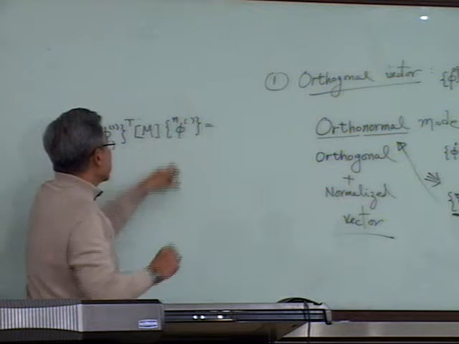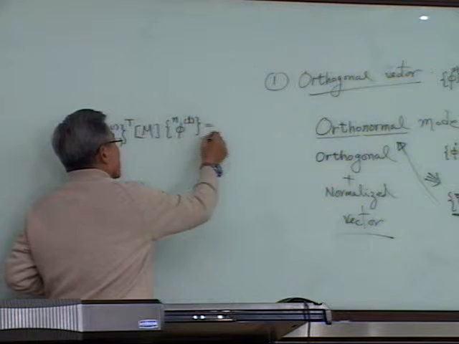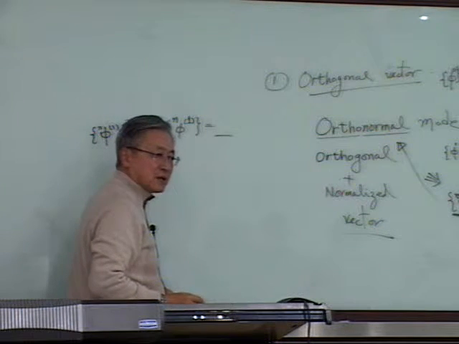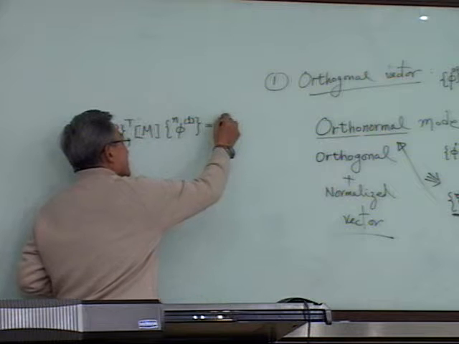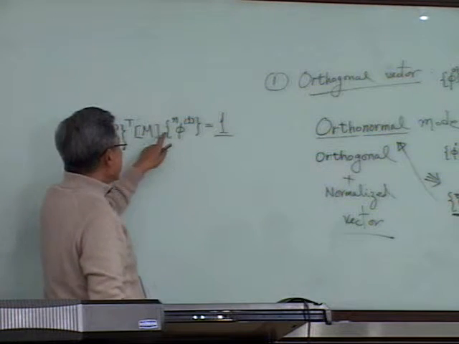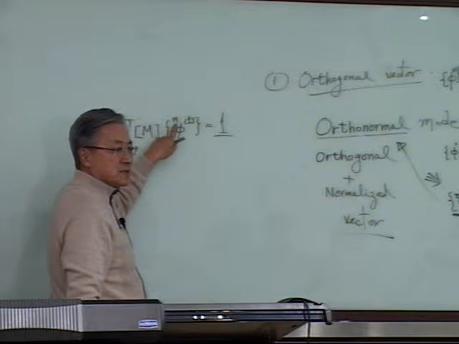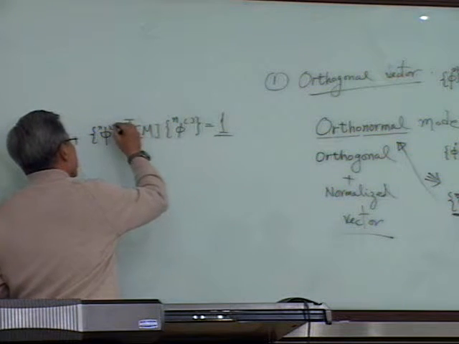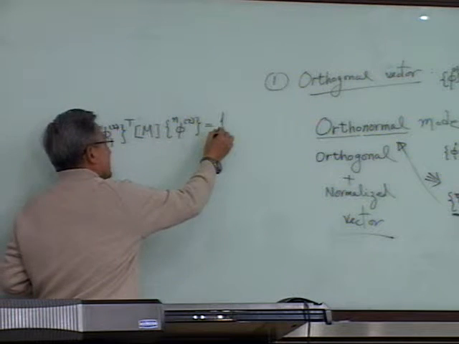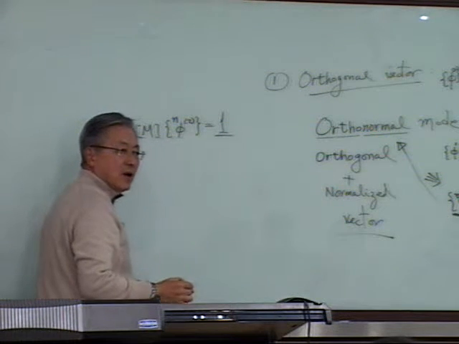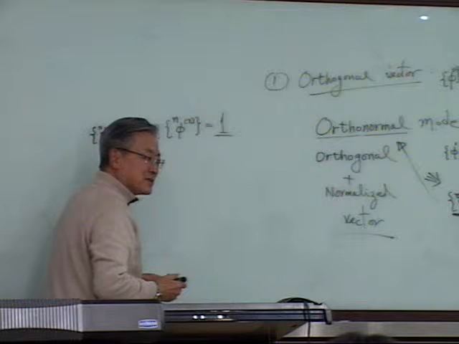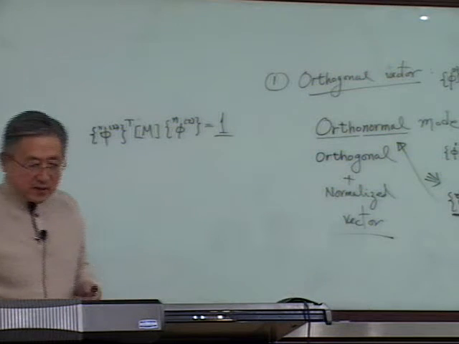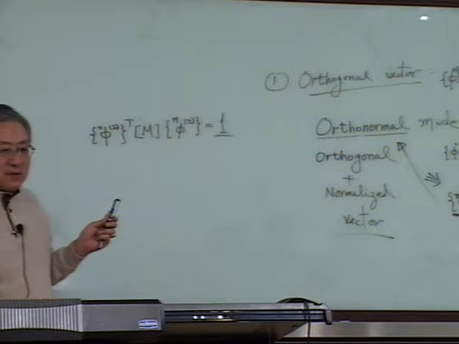But if this is 1, what do you expect here? 1. That's the beauty of when you normalize it. Then what happens if this is a 2? 1, same 1. That's the beauty. Sometimes very useful, as you will see here. That's about the only difference.